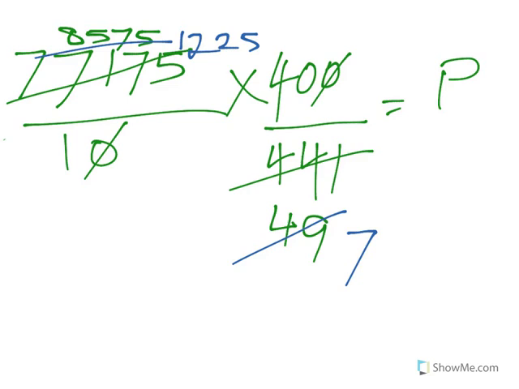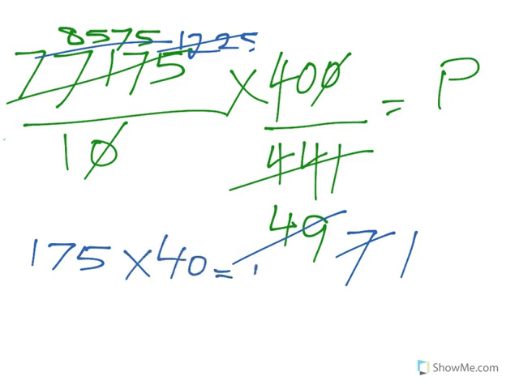And I think both are divisible by 7, which is great. This is 1, and that becomes, let me just write it down here. 7 1s are 7, 52, 7, 35, 5. So 175 times 40 is my principal.